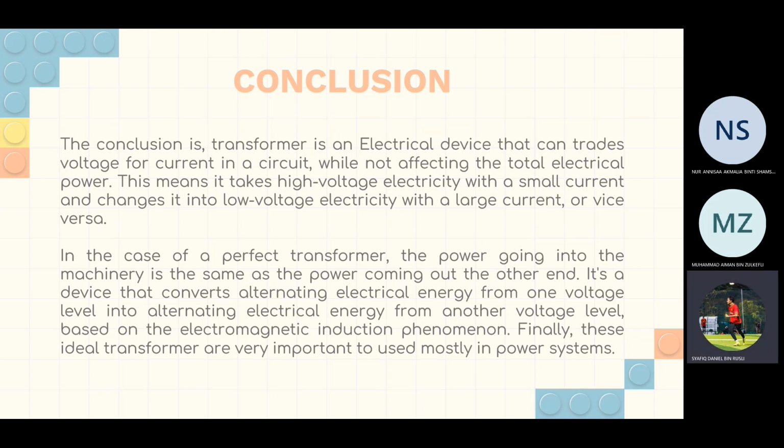In the case of a perfect transformer, the power going into the machinery is the same as the power coming out the other end. It's a device that converts alternating electrical energy from one voltage level into alternating electrical energy at another voltage level based on the electromagnetic induction phenomenon. Finally, these ideal transformers are very important and mostly used in the power system.